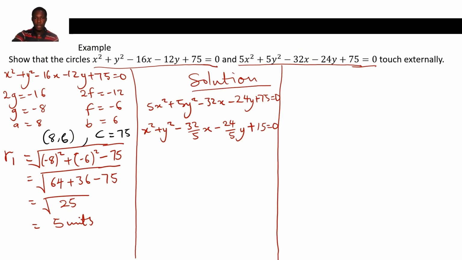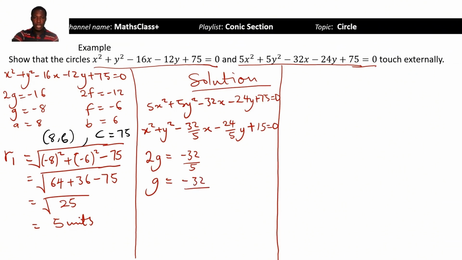Now from here we have our 2g to be equal to minus 32 over 5. That means our g is going to be minus 32 over 10, and that a is going to be 32 over 10.